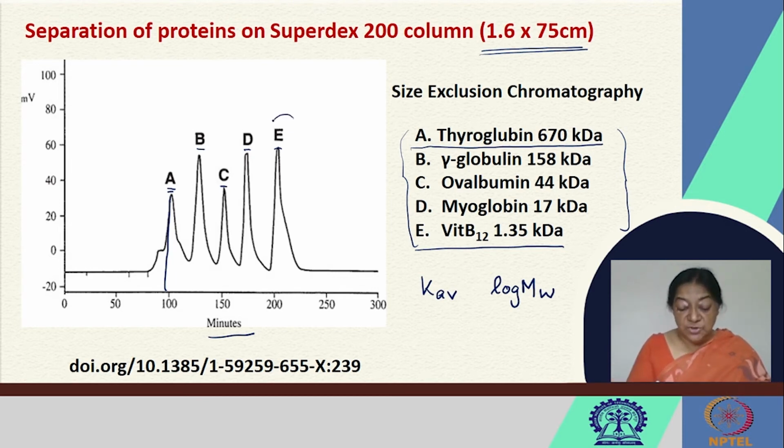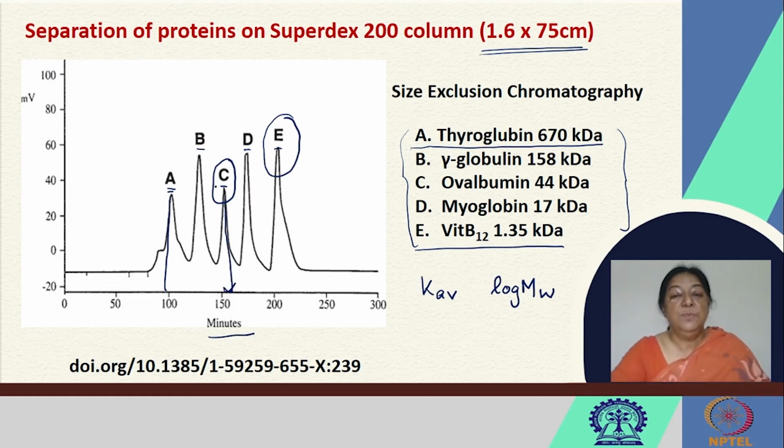So if we are interested in the protein C, this will be the distribution. So we would know that the fraction that comes out around this time is exclusively protein C, which means that we have isolated our protein from the mixture of these proteins.